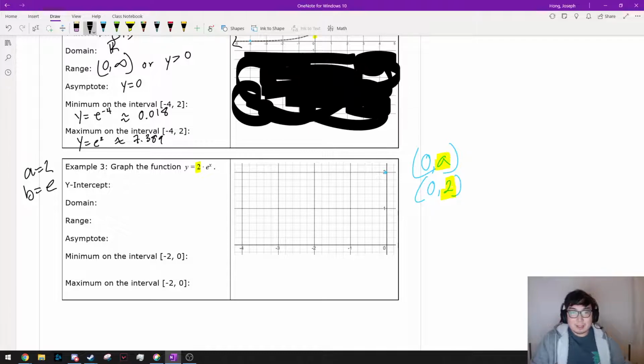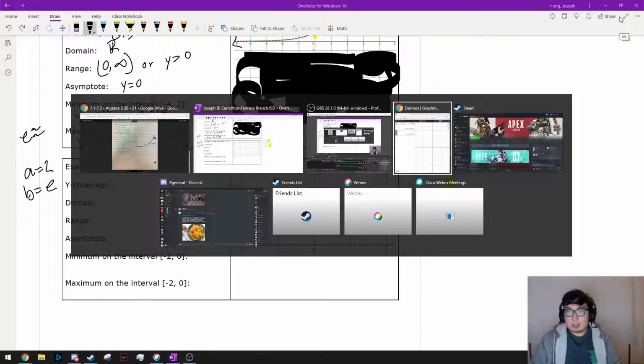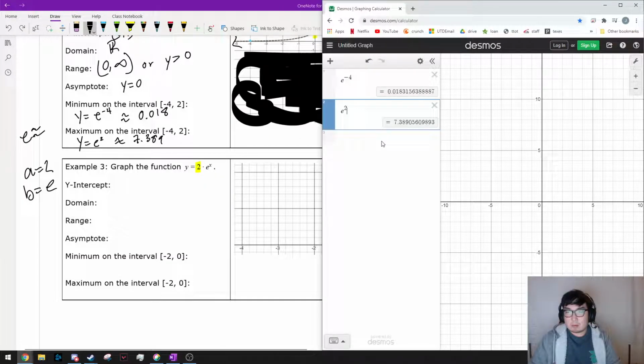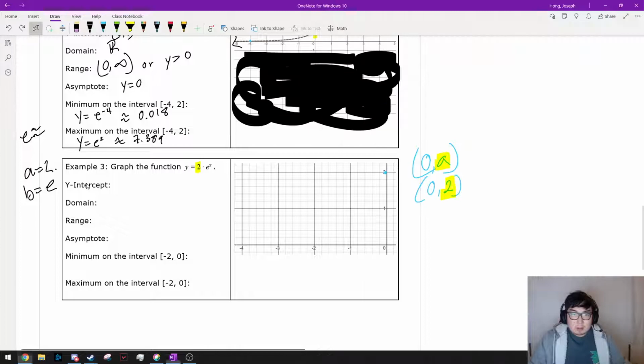And know that e is approximately 2 point something. Just to give you a little assurance, yeah, 2.7. So this is 0, comma 2.